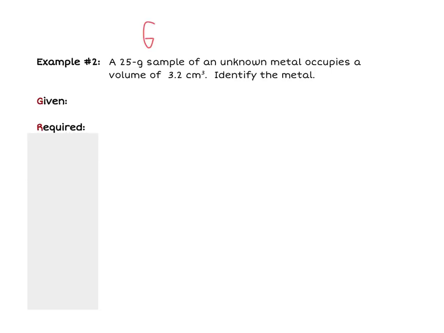G-R-A-S-S. In this method, the G stands for given. What that means is that you're going to write out any information, any numbers, any measurements that are given in the problem. So I'm going to go ahead and read my question, highlighting anything that is numerical. So 25 grams.